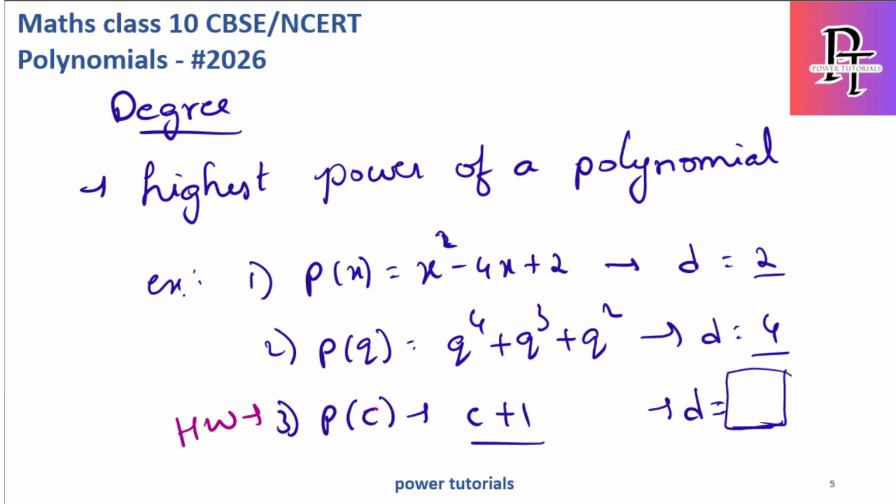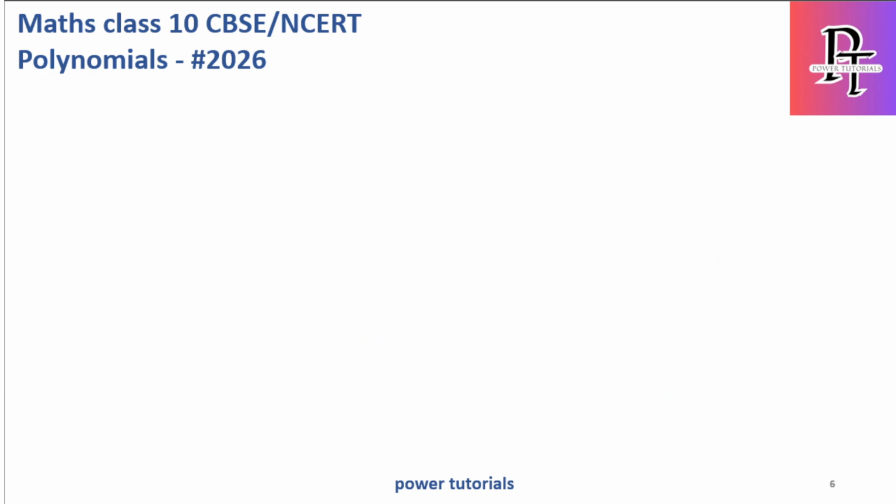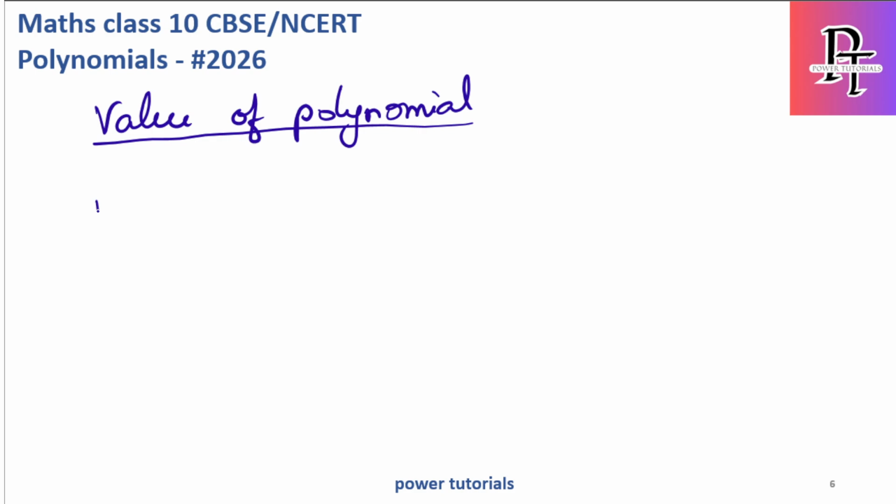Now we are going to cover the value of a polynomial. For suppose I have a polynomial p of x is equal to x square plus 2, then if I solve p of 1, you just have to replace the variable x with 1.